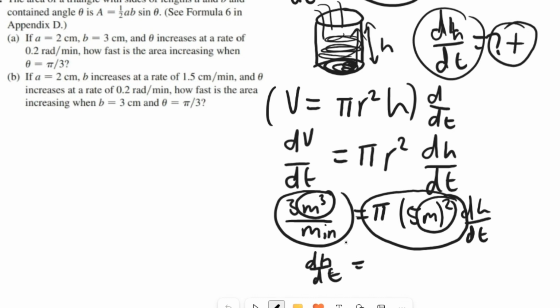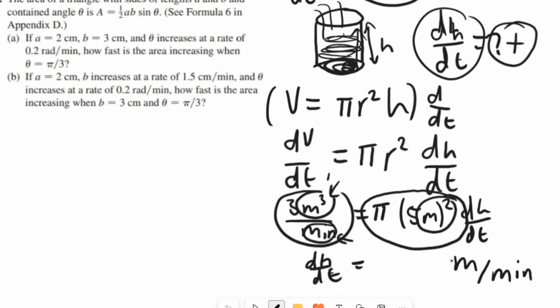So your answer is going to be in meters, and then per minute. Meters per minute. The meter that is left here, and the per minute that is left here, has nothing cancelling it. So you write meters per minute.